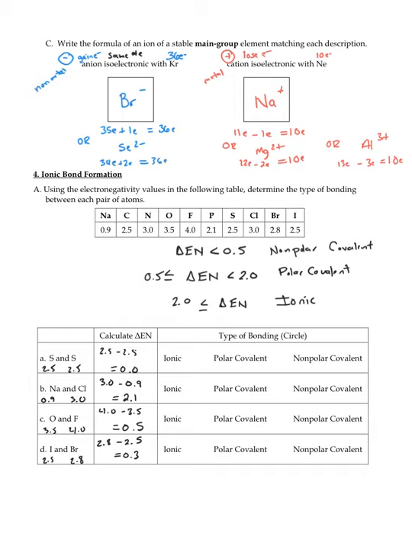And so if we compare our values to these three categories, hopefully what you see is that no difference is nonpolar, a big difference is ionic, a medium difference is kind of polar covalent, and then you can have a difference but not be very much and still be considered nonpolar. And so notice that only B has a metal and a non-metal. That's usually how you end up with an ionic situation, right? The other three involve two non-metals, and that's going to be what we're going to deal with most of the time when it comes to molecular compounds.